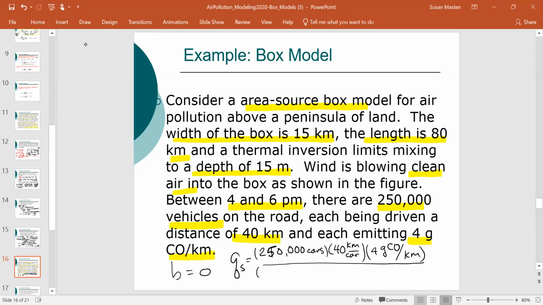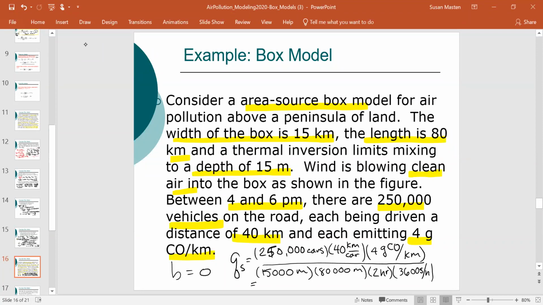So we have a width. I'm just going to convert this to meters. And a length of 80,000 meters. And we need a time factor. This is over this 2-hour time period, and there's 3,600 seconds per hour.